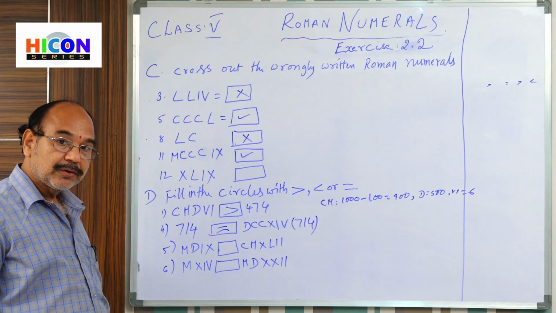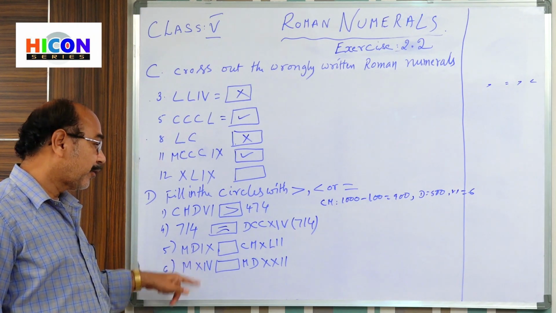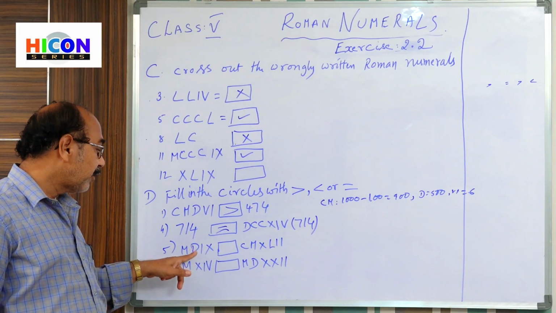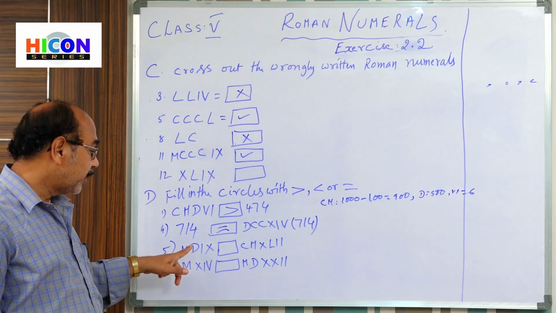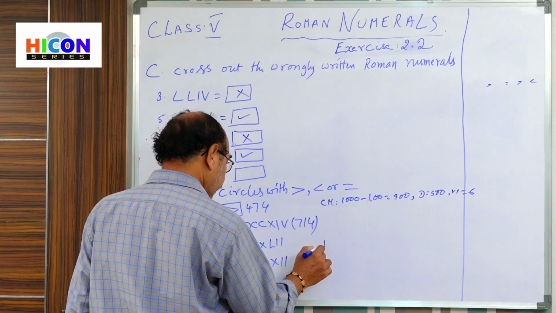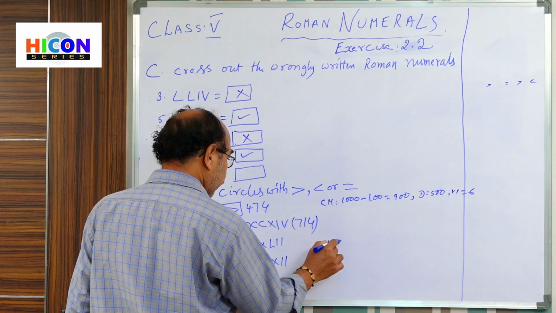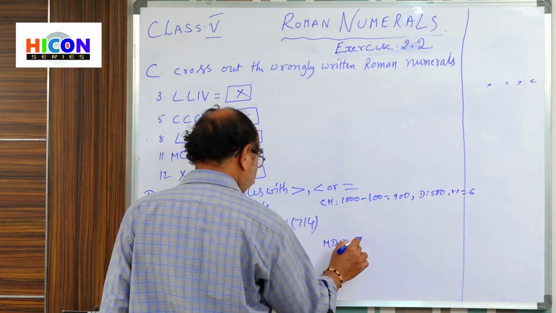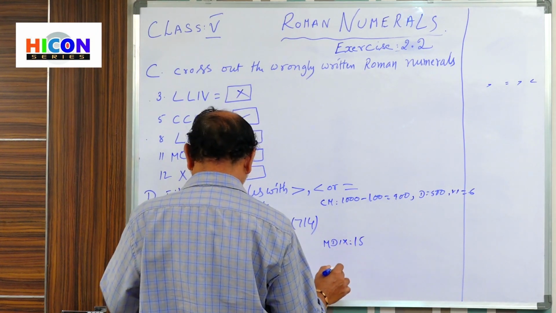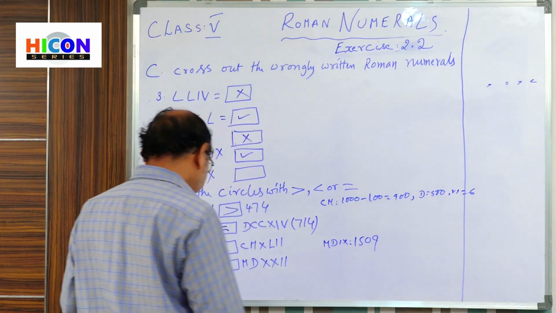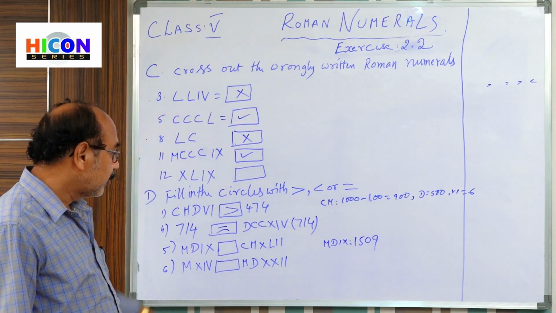MD means 1000 plus 500, 1500. Then 9 is there. 1509. MDIX means 1509.